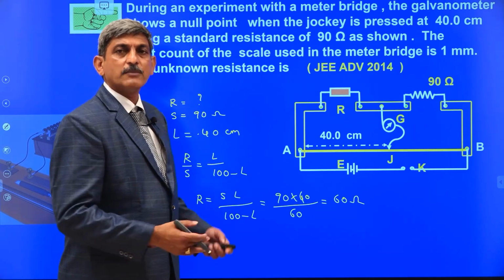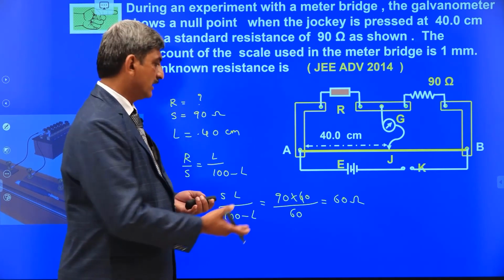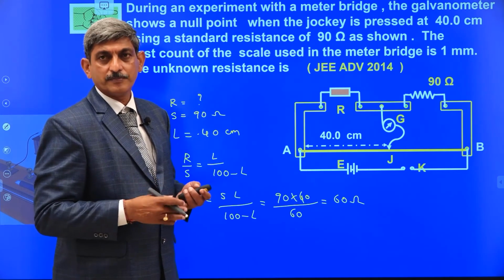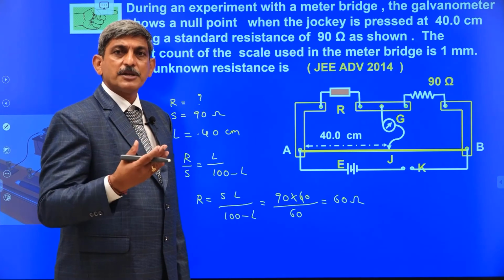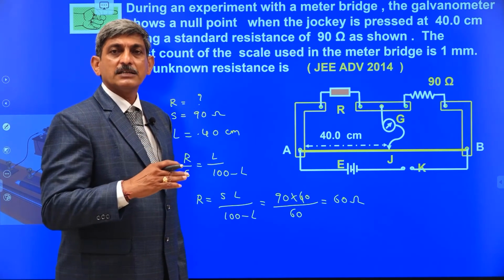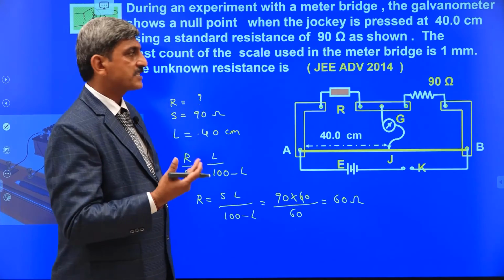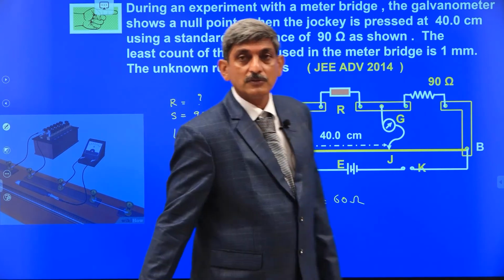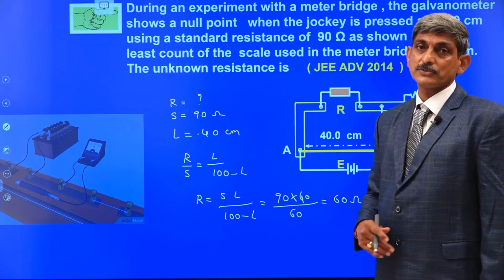If you are preparing for the board exams, either for the state level or for the central level, the calculation of unknown resistance is enough. But if you go to the objective examinations like MCET at the state level or JEE and NEET exams at the national level, we have to calculate the error in the measurement of the resistance also.